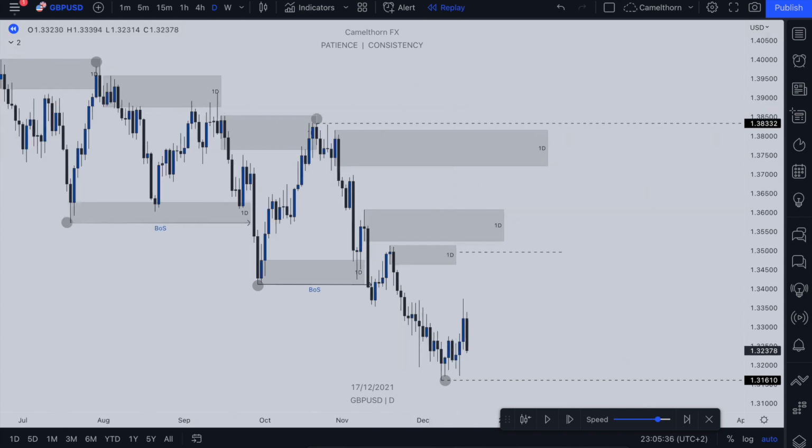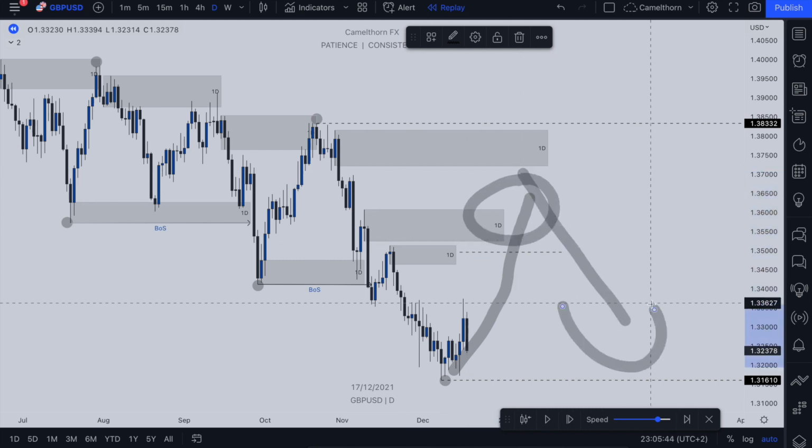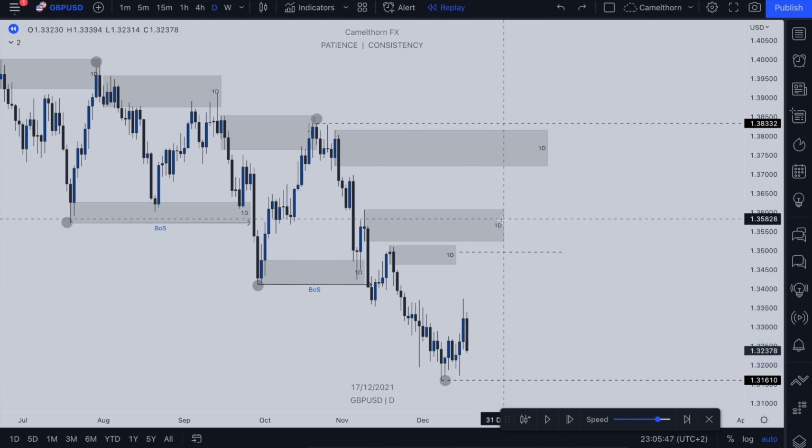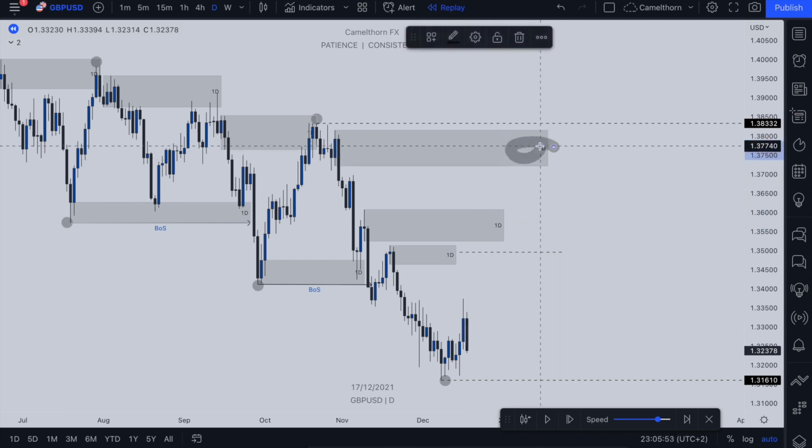I know personally that GBP USD likes to pull back a little bit deeper into your premium price or your discount price before continuing with that underlying trend. So even though this is nicely positioned, we really could see price action pull back towards here purely because GBP USD tends to pull back a little bit deeper.